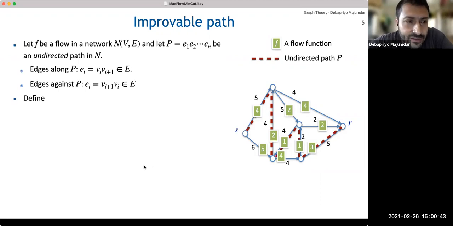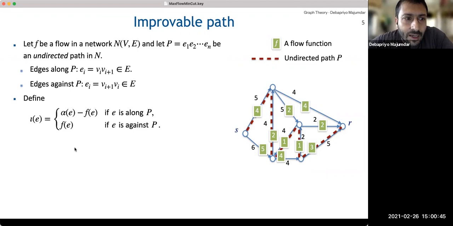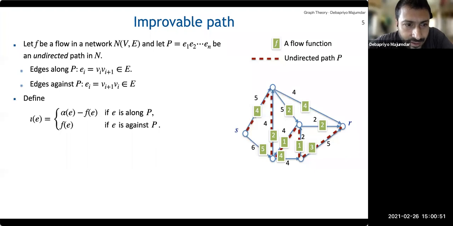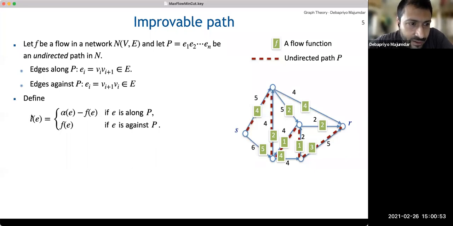Now, definitions. Iota, which is the I of the Greek alphabet, iota without the dot. Iota of an edge is defined as follows, in the context of a flow in the network.